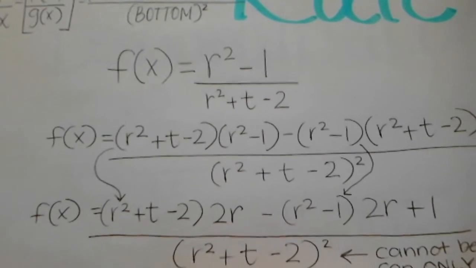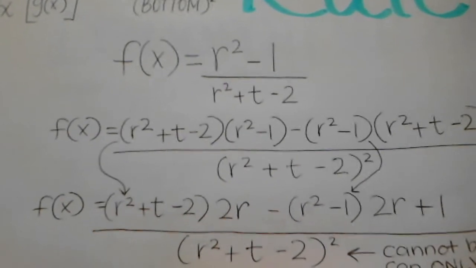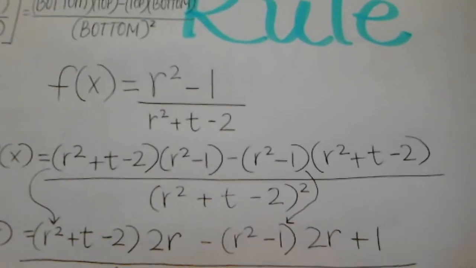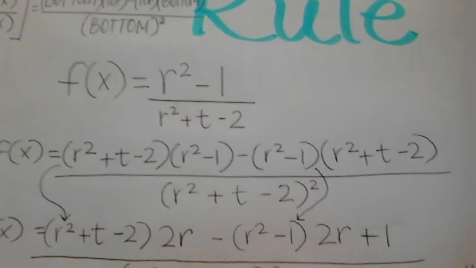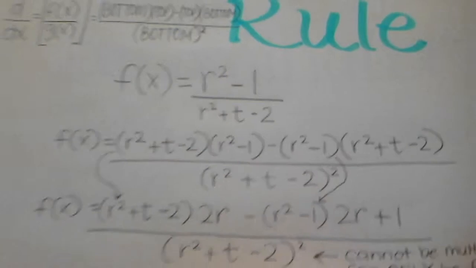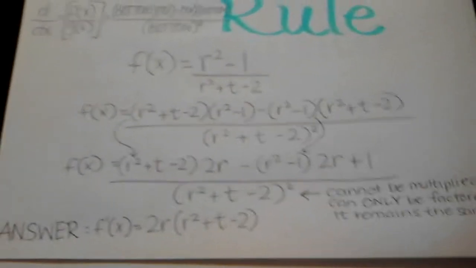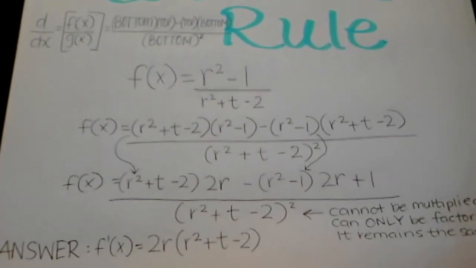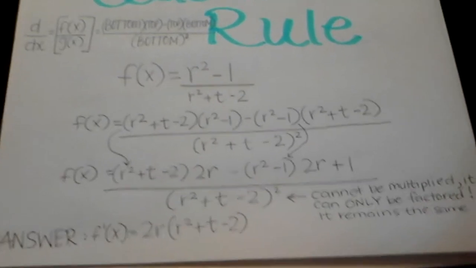Minus r squared minus 1, you bring that down, and you solve for the derivative of r squared plus r minus 2, which is 2r plus 1, all over the bottom function, which is r squared plus r minus 2 squared.